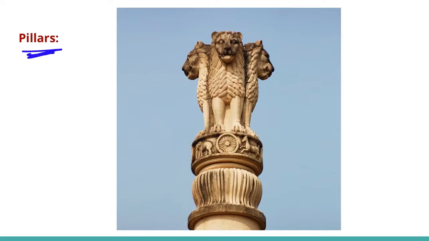Pillars. During the time of Ashoka, the inscription of pillars was a symbol of the state, or it was to commemorate battle victories, which assumed a greater significance. Ashoka also used pillars to propagate imperial sermons.